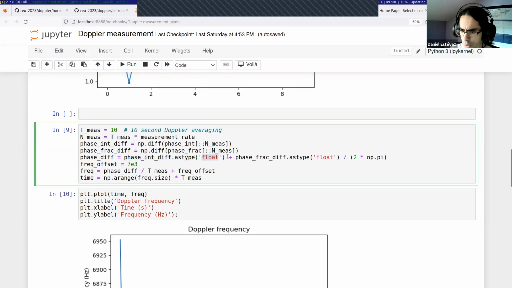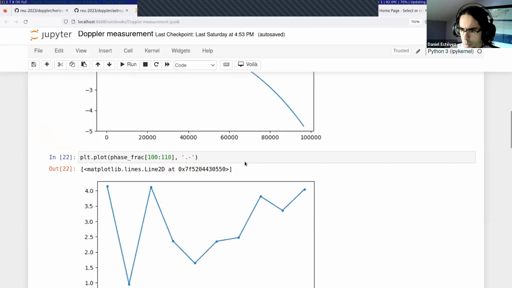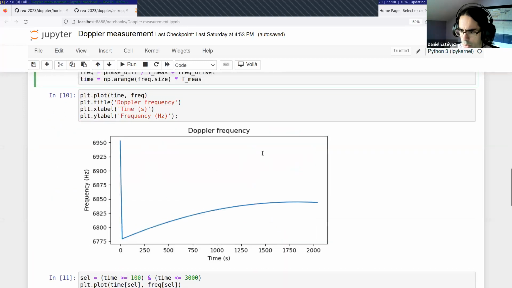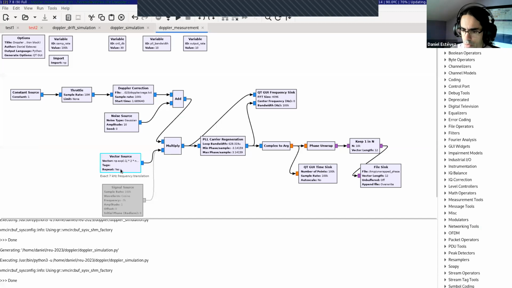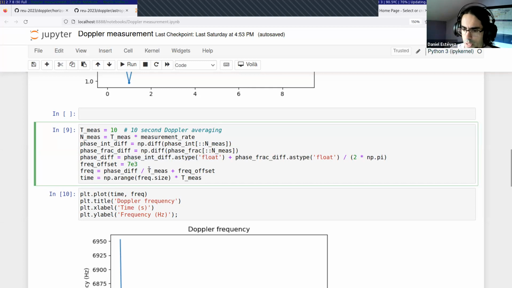Float is 64-bit floating point, so it has more precision than these 32-bit floating points. Remembering that the phase fractional part is in radians, I need to divide by 2 pi. I also need to remember that I have applied a frequency offset of 7 kilohertz. We shifted everything 7 kilohertz in frequency, so we need to shift it up, which is as simple as adding this frequency offset. And then the frequency is the phase difference divided by the time elapsed between measurements, which is 10 seconds.